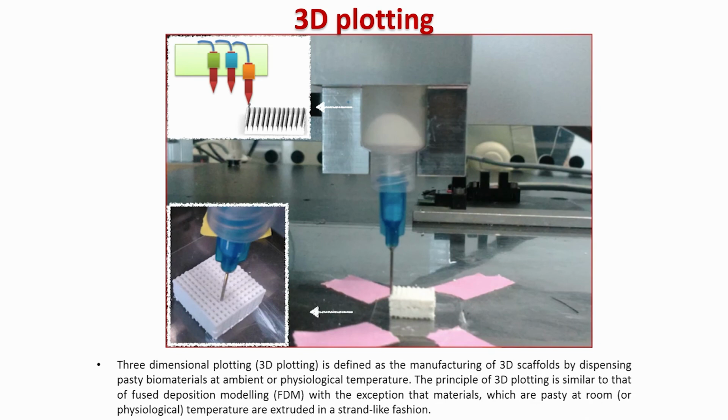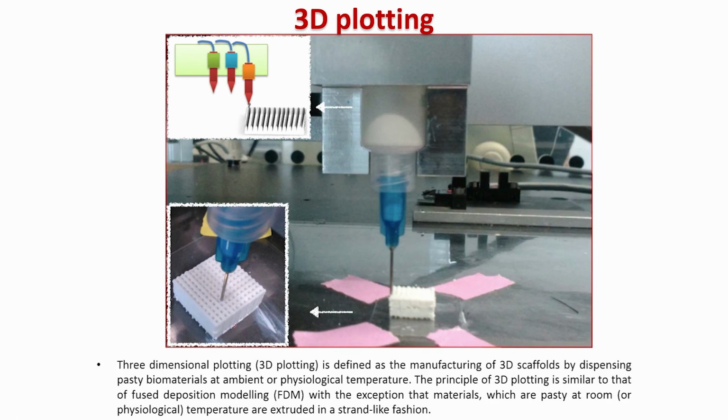This is also another technique which is currently used for 3D plotting of polymeric materials like alginate and so on. Again, like 3D printing, it develops the total structure by layer deposition.